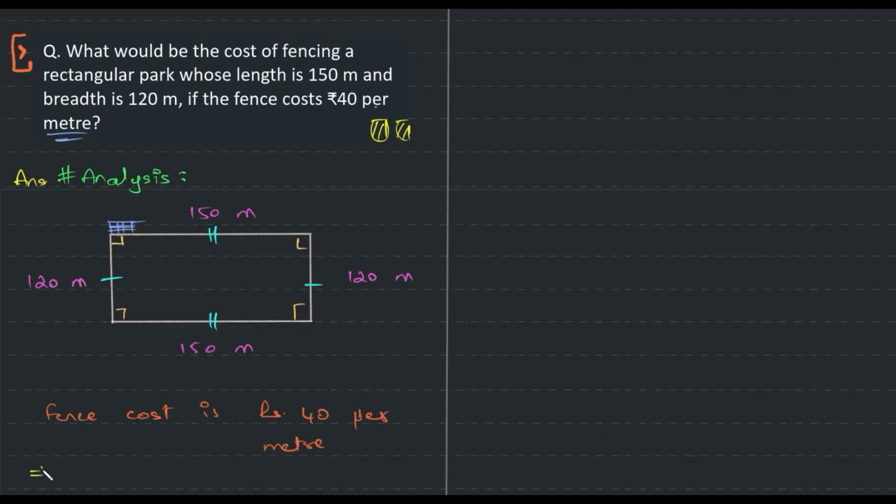Means what? This means that for 1 meter we have to pay, or it will cost, rupees 40.